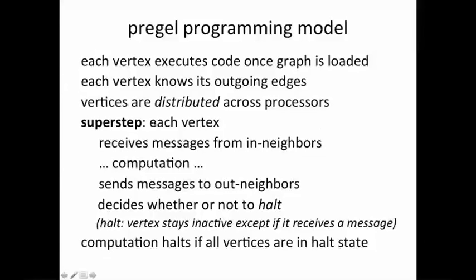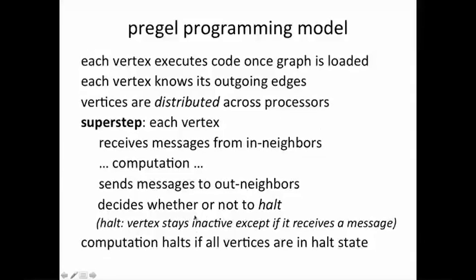So each vertex first receives messages from all its in-neighbors. Whoever is sending it messages on its incoming edges, it does some computation using these messages, and then decides to send some messages to its out-neighbors possibly. After that, it decides whether or not to halt. What a halt means is that a vertex stays inactive once it's halted unless it receives a message from some other vertex in the future.